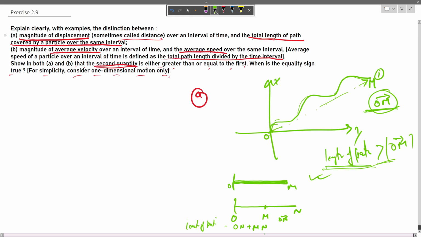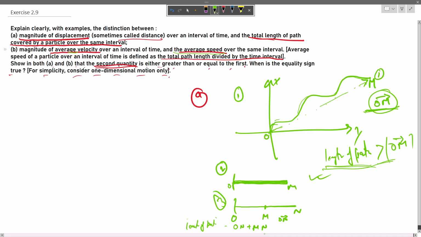Now in B we have the magnitude of average velocity over a time interval and the average speed over the time interval. We have to distinguish between the magnitude of average velocity and the average speed. Like here, we had three cases. In case 1 the path was a little bit zigzag, in the second case we had a rectilinear path, and in the third case we had a path with retracing motion.